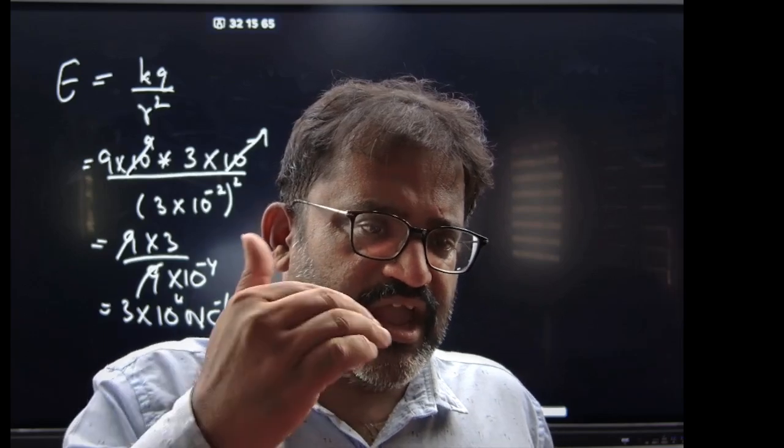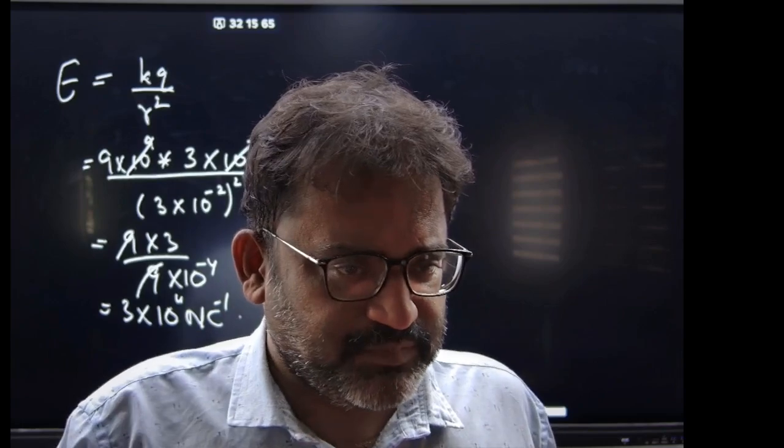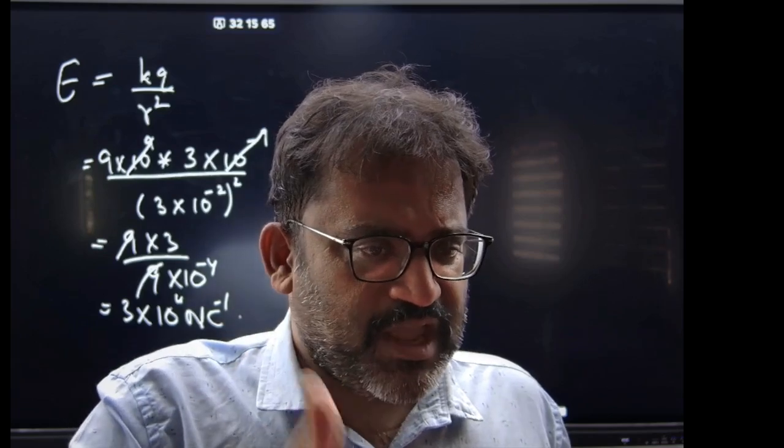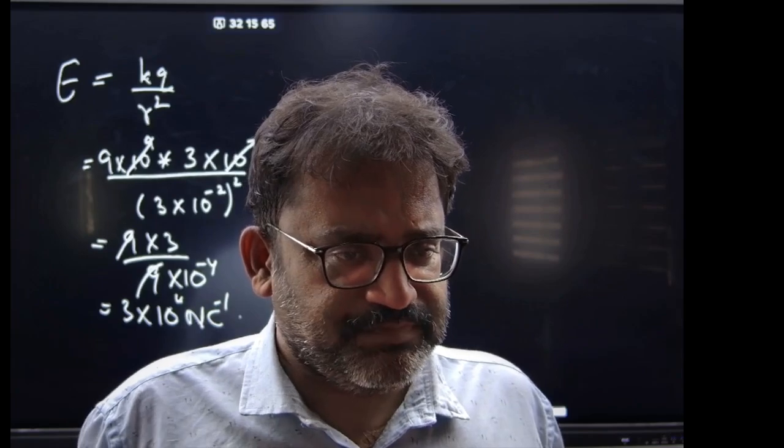Now divide F prime by F. According to the question, both the forces must be same. Correct? That means F prime is equal to F, that means F by F, and F by F is 1. That is equal to K, K gets cancelled.